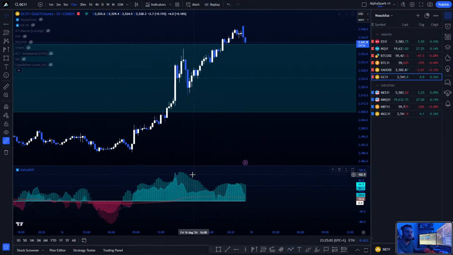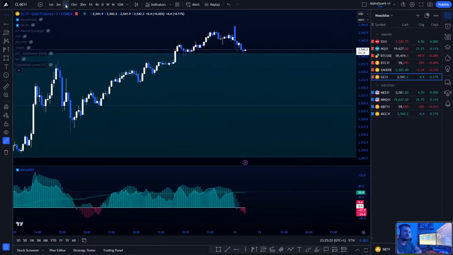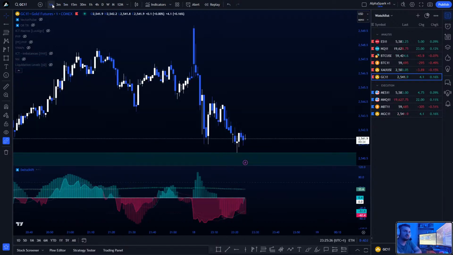And I mean, we are exhausted, but I've seen price continue from crazier overbought levels. This does look like a reversal zone. But my god, that candle is weird, right? But yeah, looks like a potential reversal.